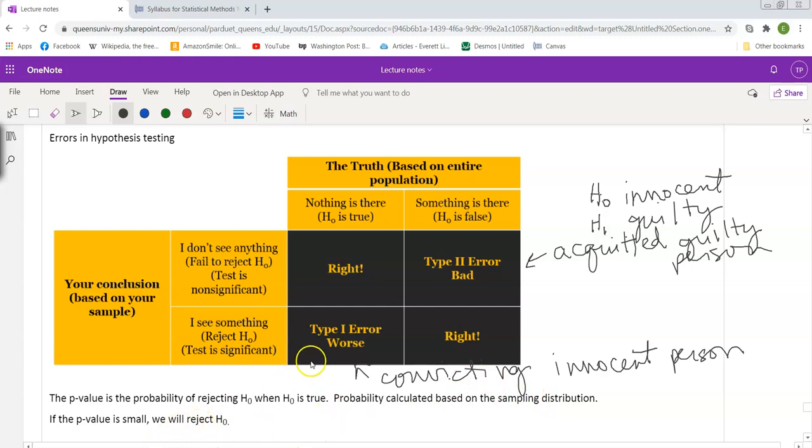And if the probability of that kind of error is small, then we'll reject H0. Okay? And that's always going to be small. What I mean by that is we're always going to reject H0 for small p-values. The smaller the p-value, the stronger the evidence in favor of the alternative hypothesis.